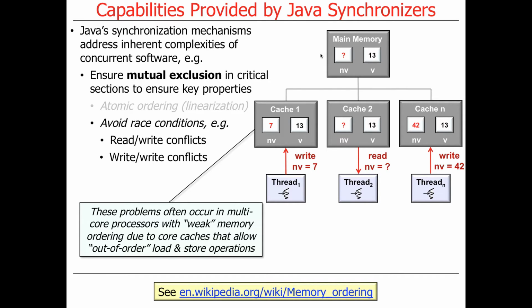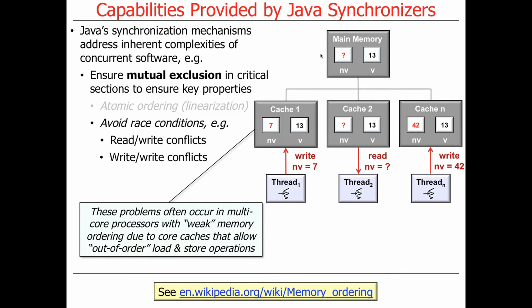So it may turn out here, for example, the NV means non-volatile. That means things that can be stored in cache memory. So in this case, we're going to start out with main memory in some unknown state. And we've got a cache over here. And notice that this thread has written the value 7 to the non-volatile field, which is just a cache of this one. This thing doesn't know that this is being cached this way.